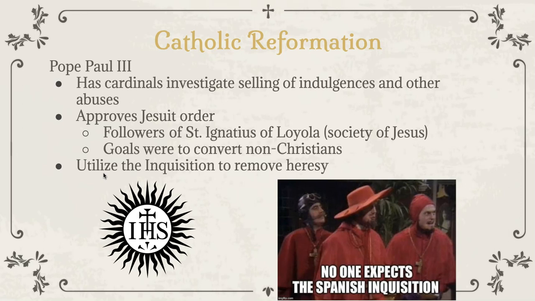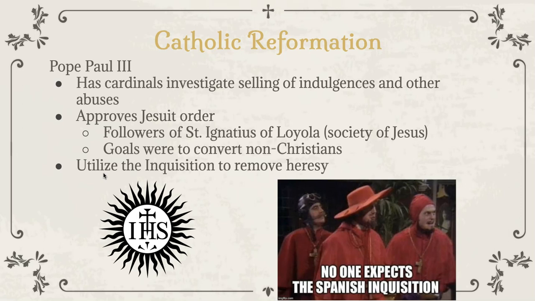The Catholic Reformation really starts because Luther and some of these other individuals that we talked about had called into question what the church was doing at the time, so the church is forced to react in certain ways. The main driver of this is Pope Paul III.